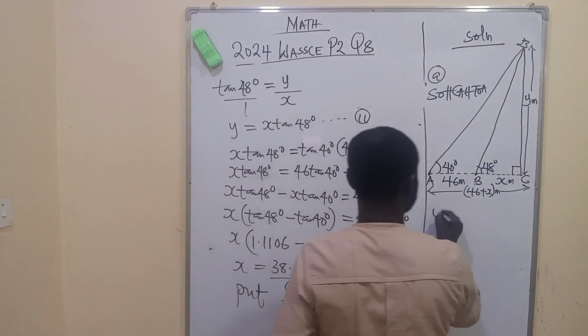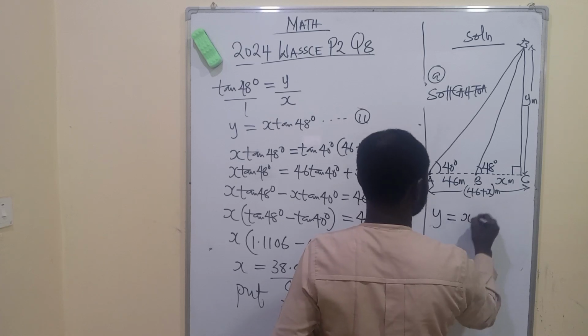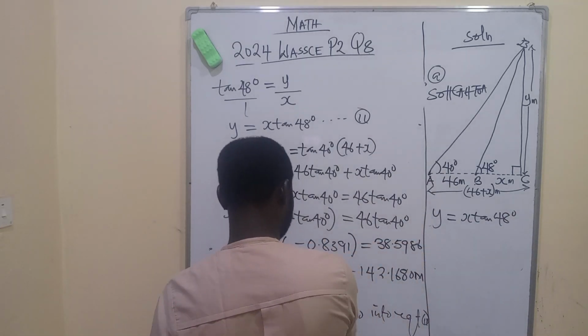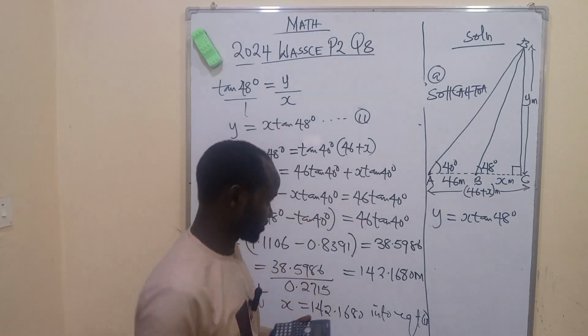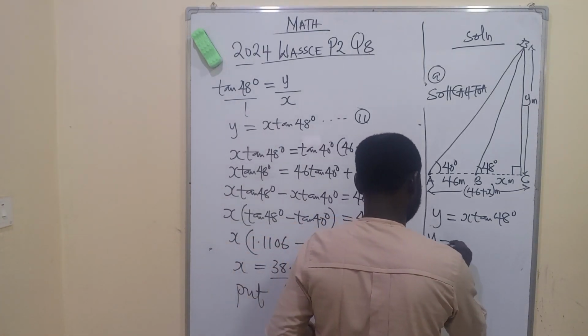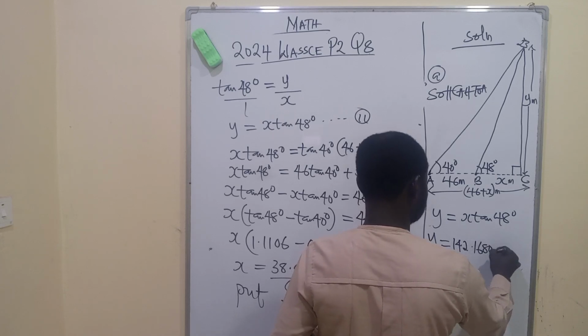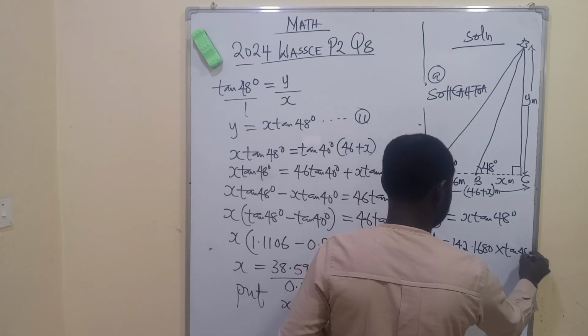Equation 2 is y equals x tan 48 degrees. And we know our x as 142.168. So y now will be equal to 142.168 times tan 48 degrees.